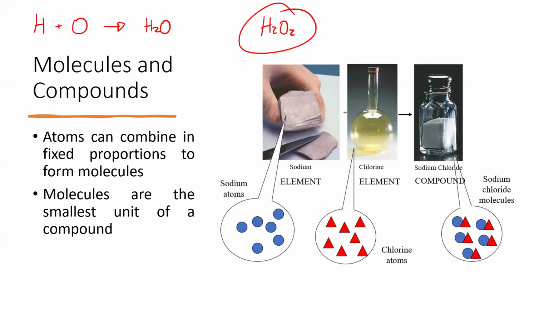Elements can combine together to form compounds. If you look at the individual elements, they are made up of individual atoms. But if you look at the compound, you get individual molecules. Water is a molecule because it's a combination of hydrogen and oxygen. So when you put sodium and chlorine together, you get table salt, sodium chloride.